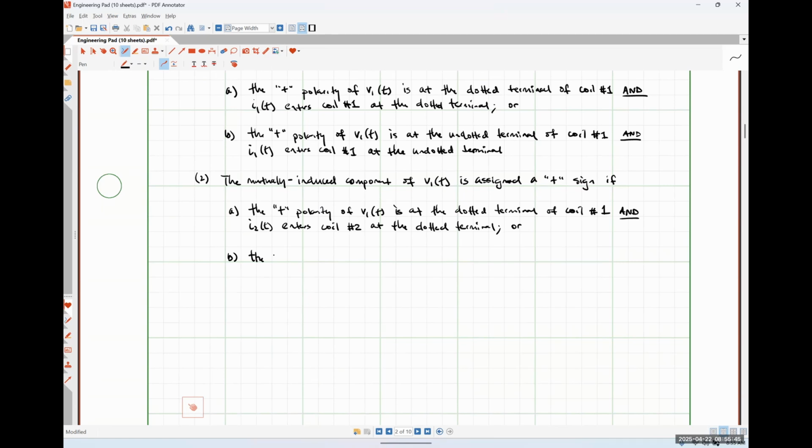And then similarly here, we would see that the positive polarity of V1 is at the undotted terminal of coil number 1, and I2 enters coil number 2 at the undotted terminal.